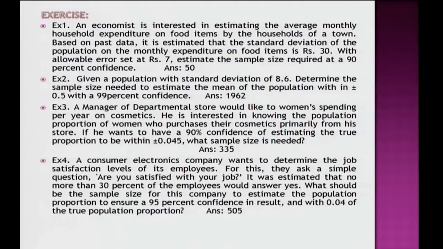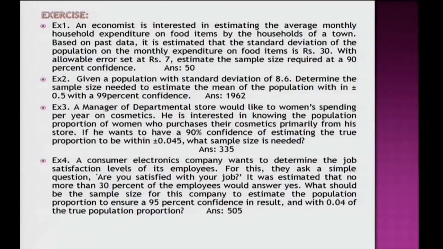Then we have certain questions that can be solved. I am just taking 1 or 2 questions here that certainly you can easily solve by taking help of the formula. If you look at the first, an economist is interested in estimating average monthly household expenditure on food items by the households of a town.